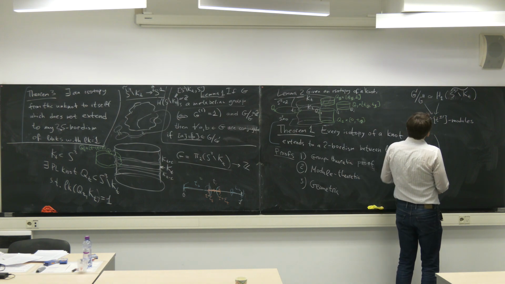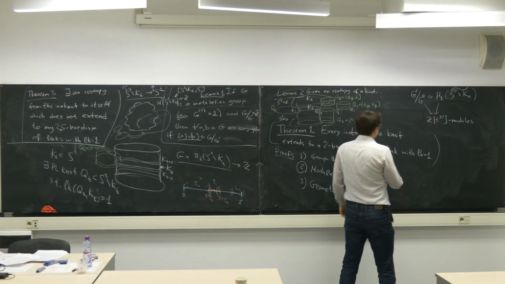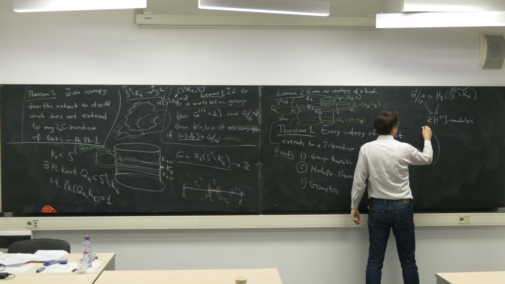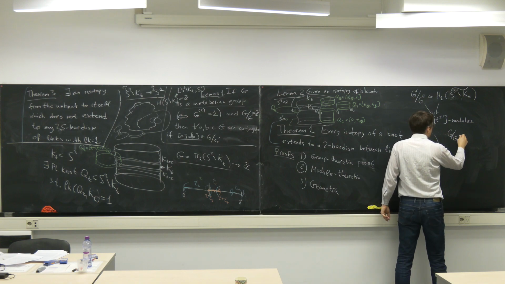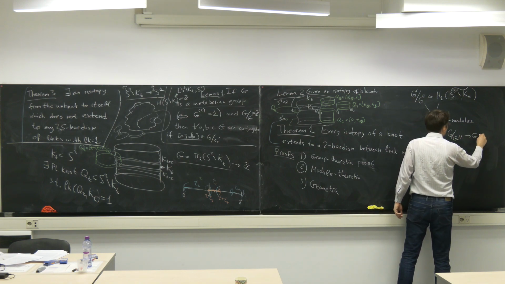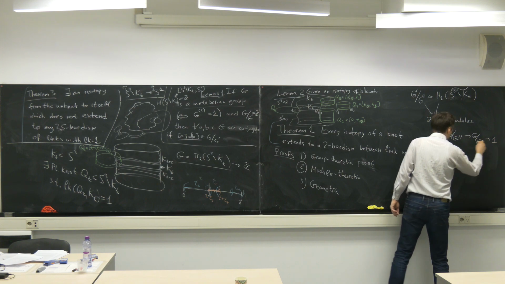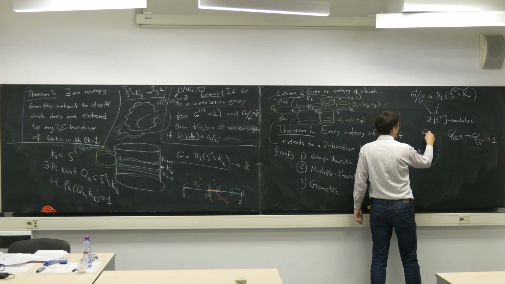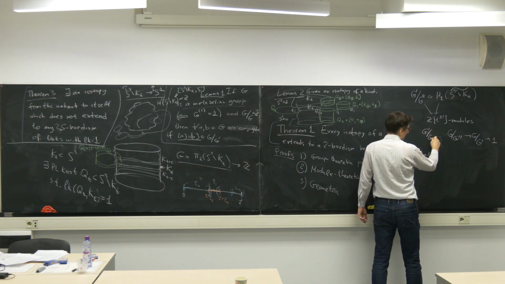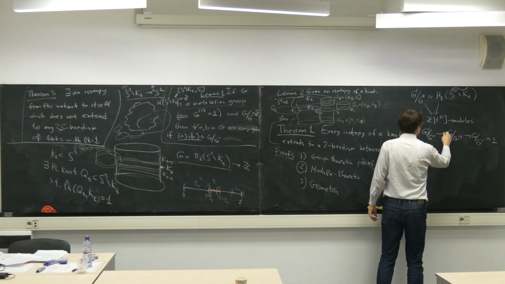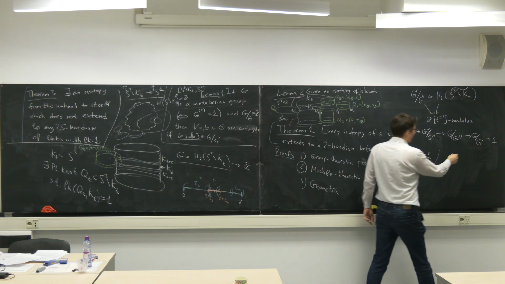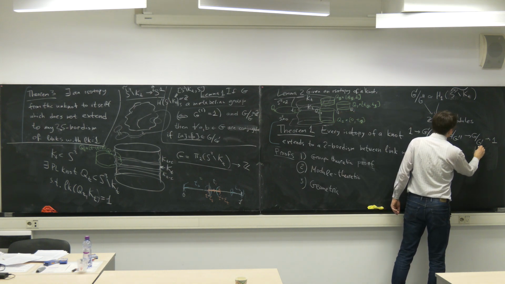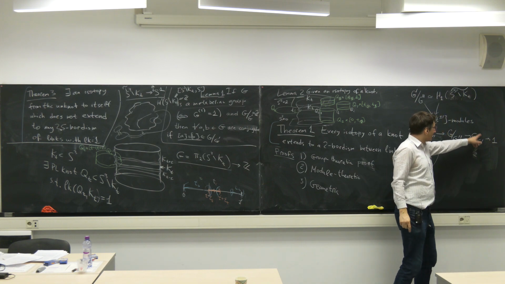Yes, so algebraically, we have the short exact sequence: G' modulo G'' goes into G modulo G'', which goes to the abelianization, G modulo G', which goes to 1. So we have this short exact sequence, and this group is Z in our case because this is the abelianization.